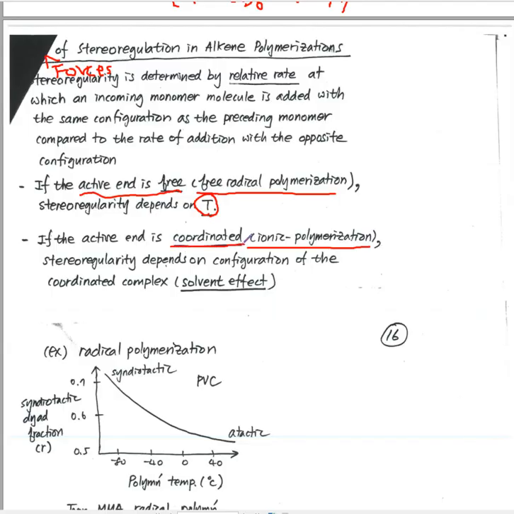There are steric and also electrostatic interactions between the chain end, the active site, and the counter ion. Then the stereoregularity also depends on the coordinated complex or the solvent. So let's see some examples.